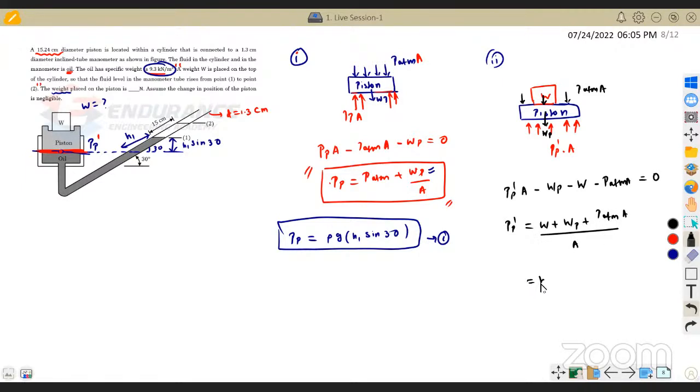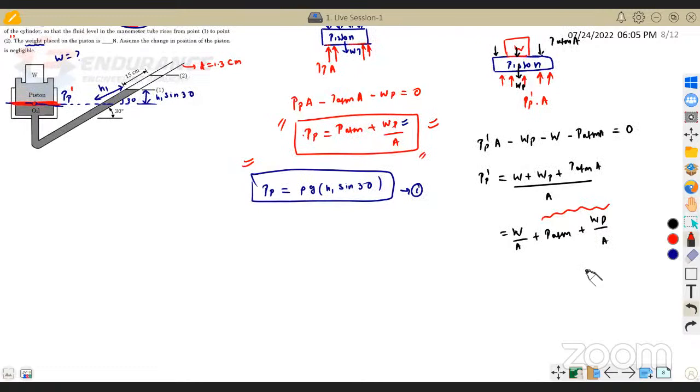That becomes W by A plus PATM plus WP by A, and PATM plus WP by A is what we already got, which is PP, the initial pressure. So PP dash is equal to W by A plus PP.